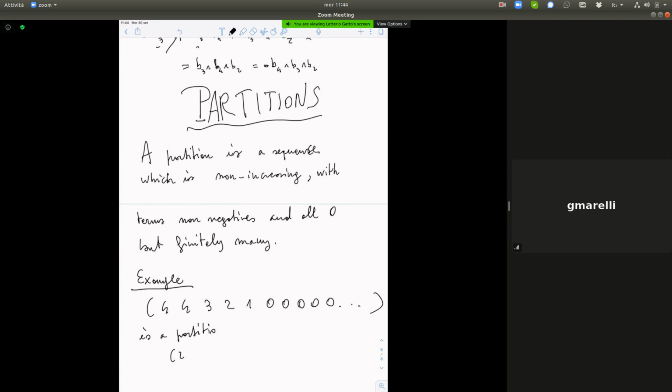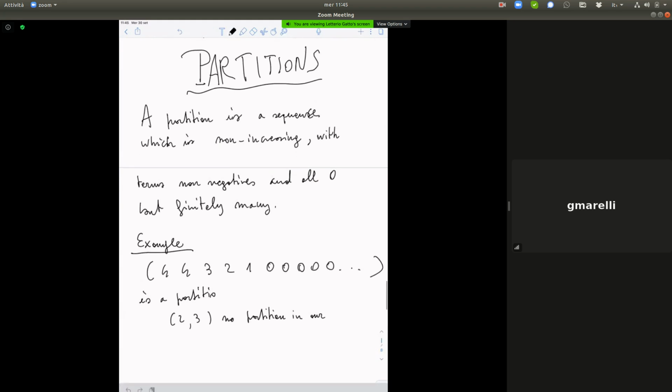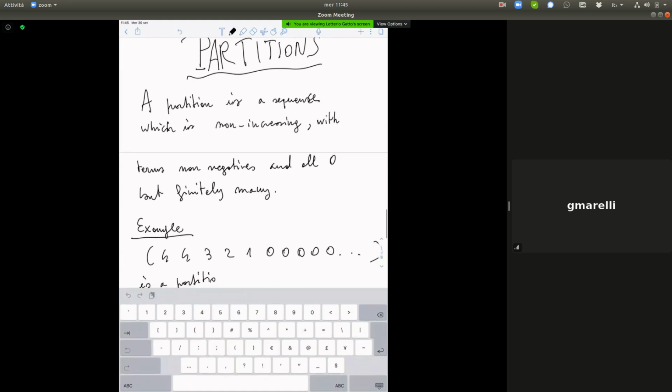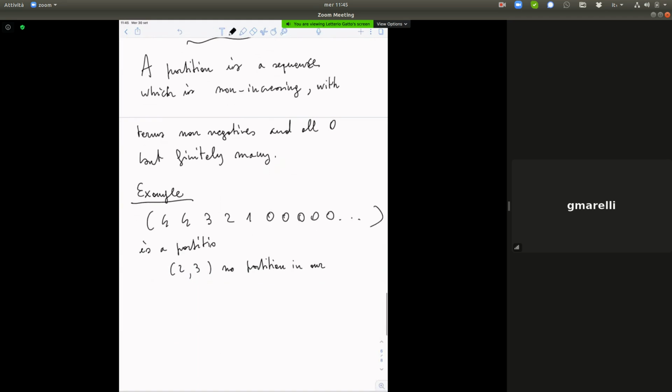Okay? 2, 3 for us is not a partition because we are not respecting the non-increasing order, but there is the French school which uses the increasing order. So this is not a partition in our framework.